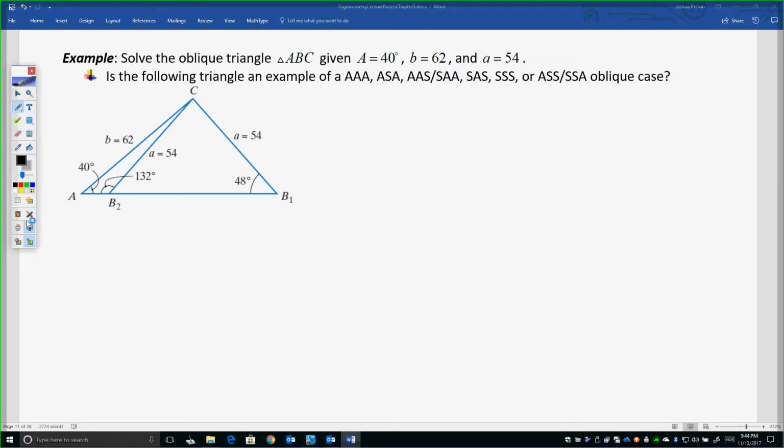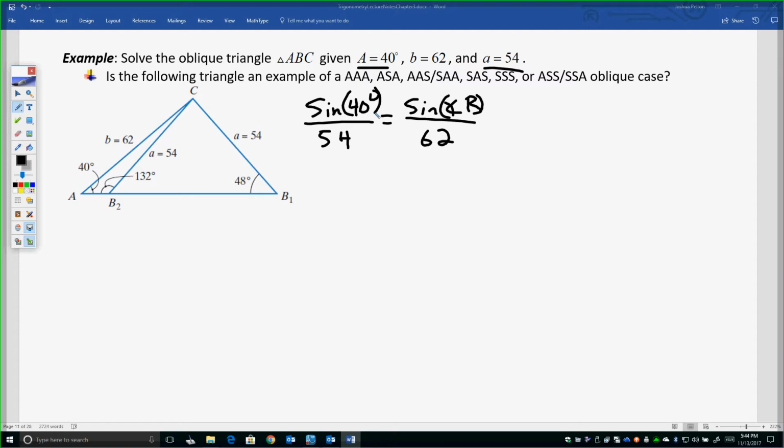Okay, so again, the only ratio we know is A. So that's the sine of 40 degrees over 54 equals the sine of angle B over 62.